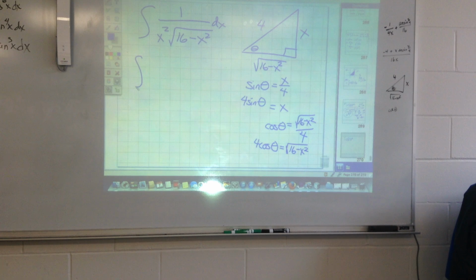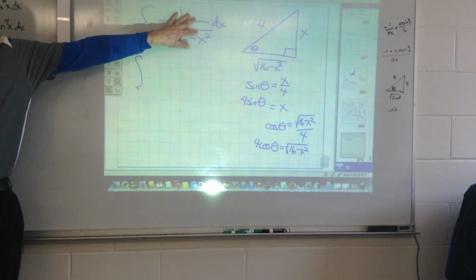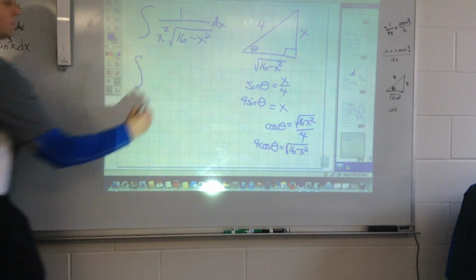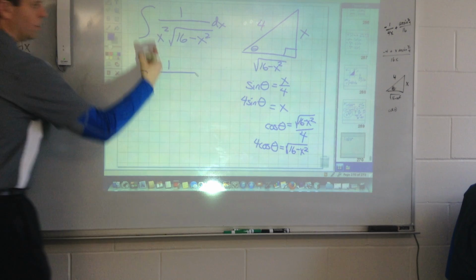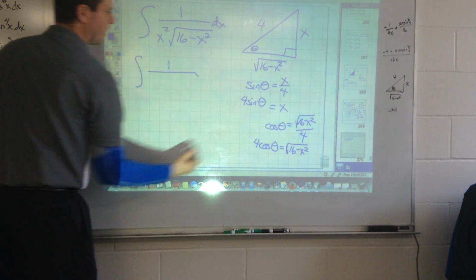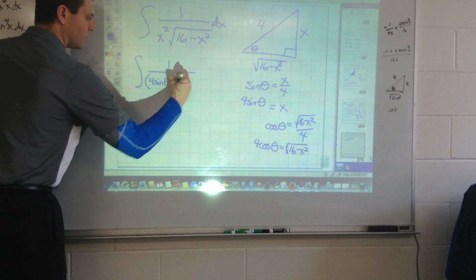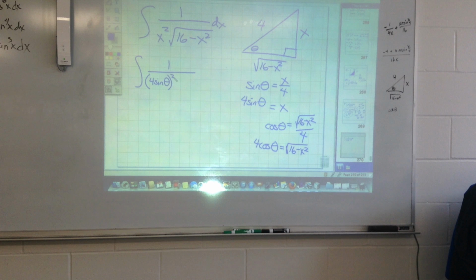So now I could rewrite this using sines and cosines. So x was 4 sine theta. I'm just going to put the squared out there for right now. I could have squared that and just written down 16 sine squared theta, but I'm just showing you how I'm replacing the x. And then the square root of 16 minus x squared, as you can see from the bottom right there, is 4 cosine theta.